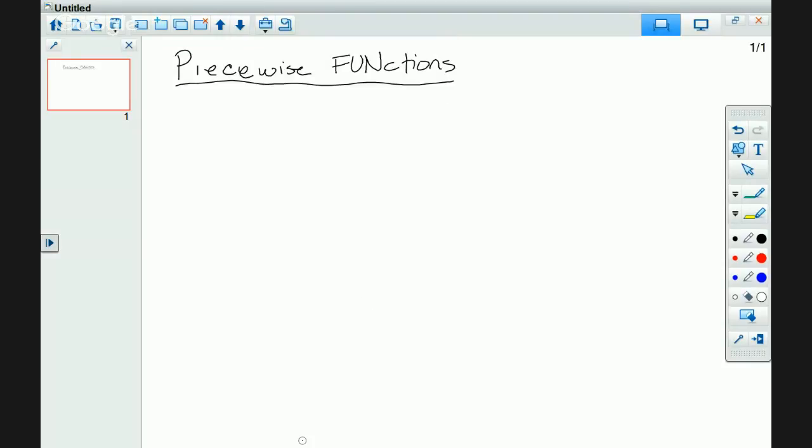All right, so piecewise functions. We're going to start by graphing our function. You know what that looks like? Go ahead and graph it if you can.